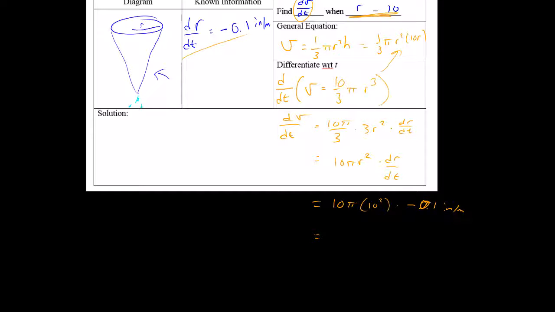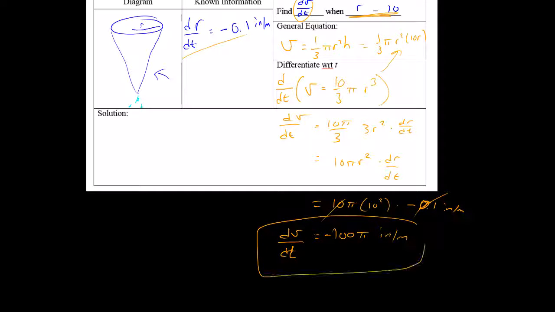We change this around, and this cancels out with a 10, because 1/10 and a 10 cancel out. So we have negative 100 pi inches per minute. And what is that? That is our change of volume with respect to time.